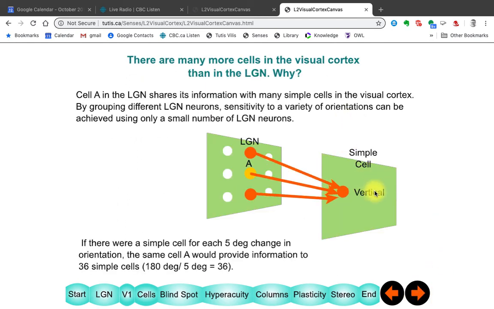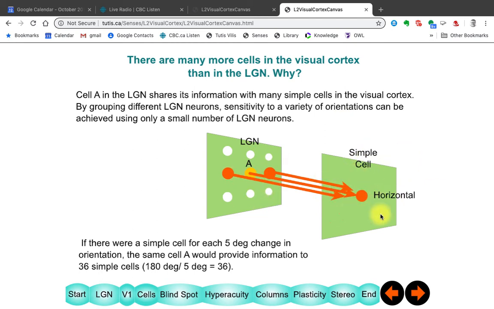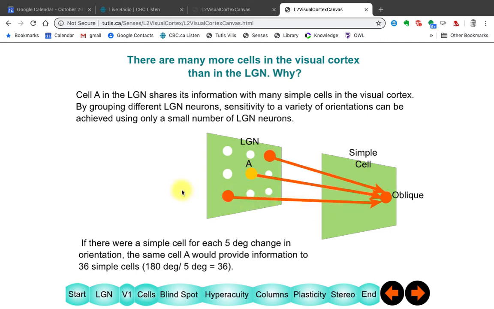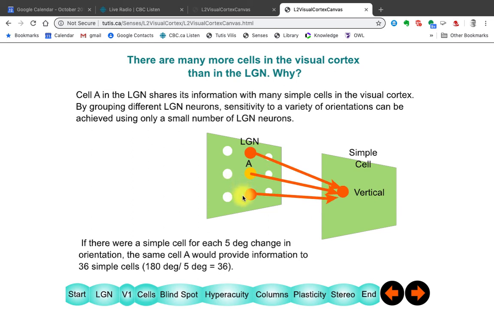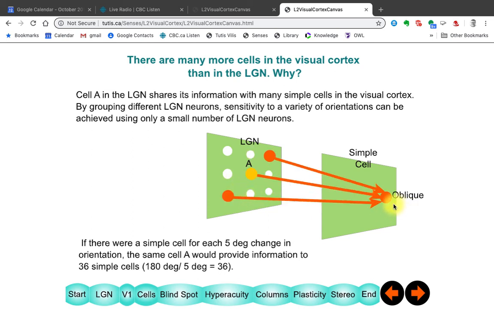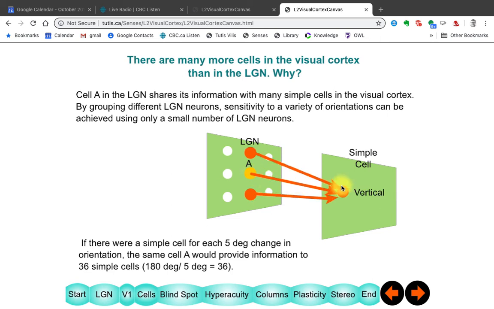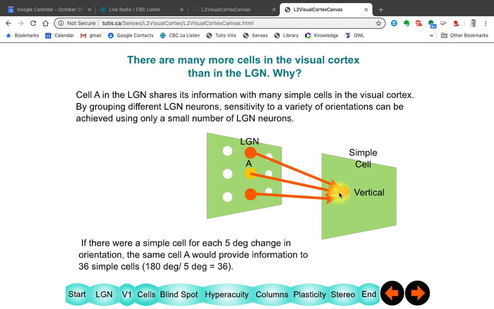Now, we find that when you get to the visual cortex, you get many more cells in the visual cortex than you have fibers coming in. So you can look at this cell here, and it's contributing information to several cells.